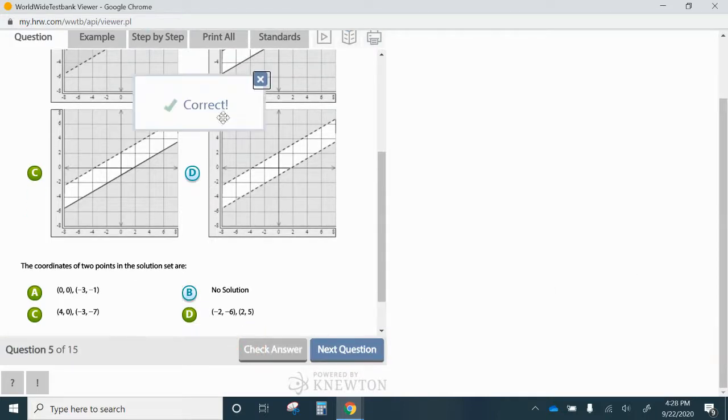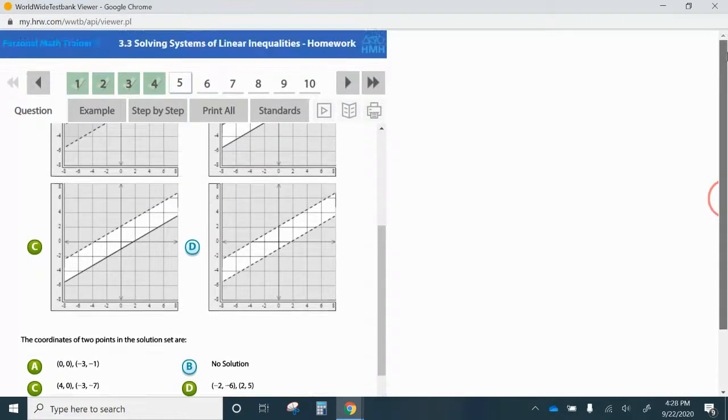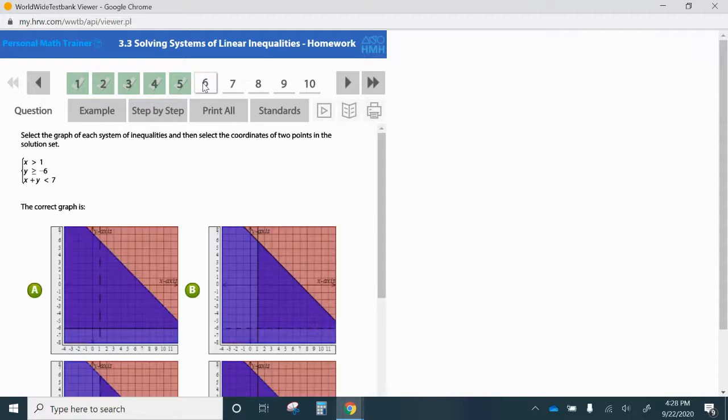All right, let's go to question number 6. Now, this one has 3 inequalities, which is fine. So we're going to graph x is greater than 1, y is greater than or equal to negative 6, and x plus y is less than 7.